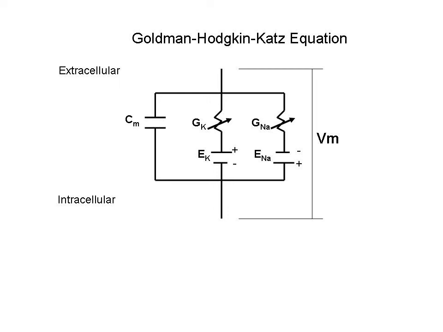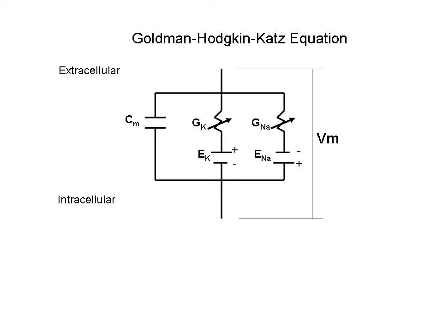Actually, this version is not the real Goldman-Hodgkin-Katz equation. It's a simplification made by Hodgkin and Huxley. But it's a better tool for education, and it's easier to follow and mathematically less challenging. So I prefer it. But it's good enough for us. So let's concentrate on this modified Goldman-Hodgkin-Katz equation.